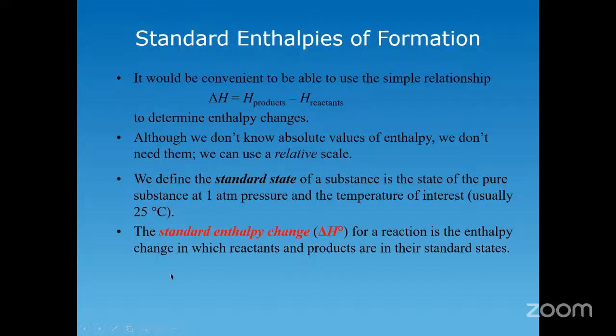So if you measure enthalpy changes under those conditions, then the enthalpy change symbol is modified specially for standard conditions. If you see this symbol right here, delta H with a superscript 0, that means that the delta H value it represents was determined under standard conditions, for both the reactants and products, okay?